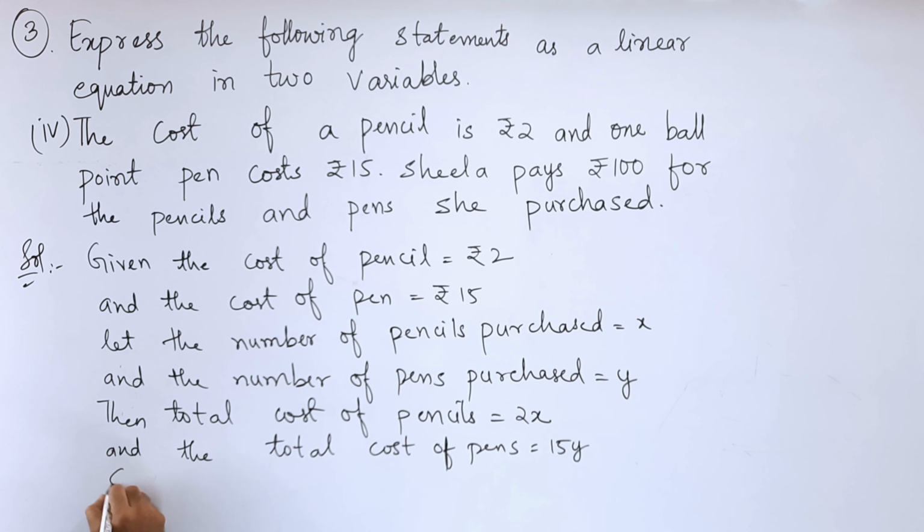Next, according to the problem, if we add these two, 2x plus 15y is equals to 100. So this is the required equation.